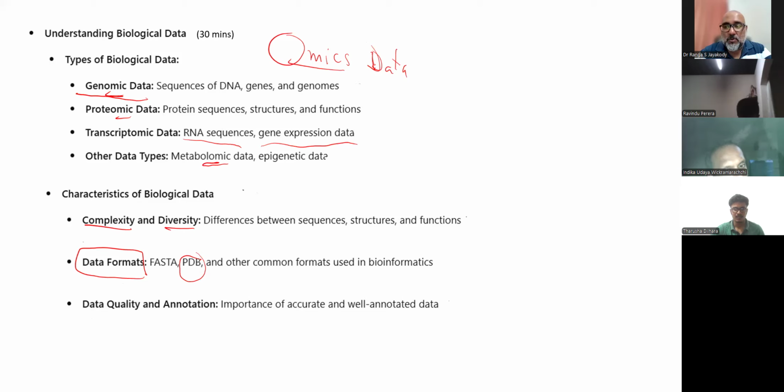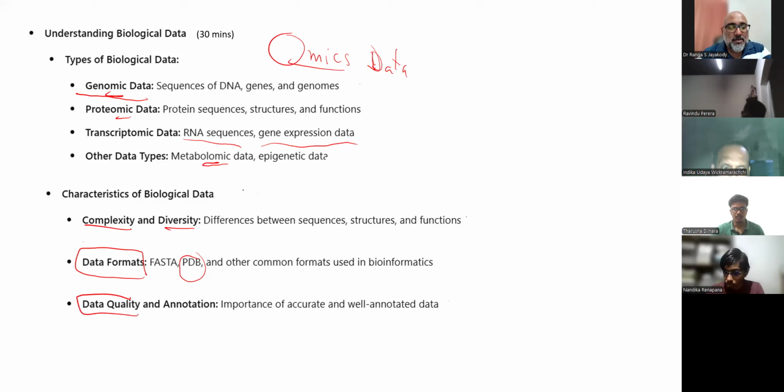Because now you want to write applications that use this information to interpret it and to do other calculations that are required in bioinformatics. And then also data quality and annotation. So we want to have quality data and then annotate it, maybe highlight it, and basically tag it with its specific role in structure or function or biological pathways. So highlighting is called the annotation.